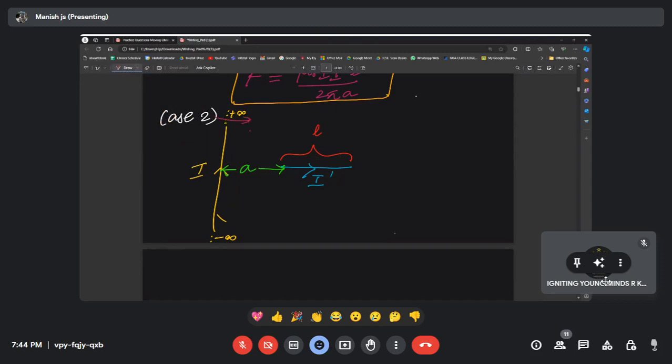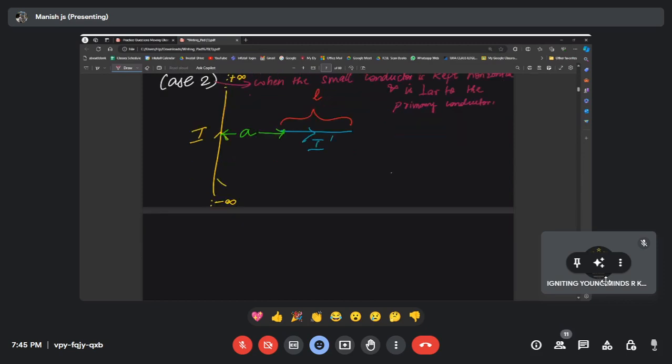The second case is when the small conductor is kept horizontal and is perpendicular to the primary conductor. Okay, this is the condition. This is case 2.